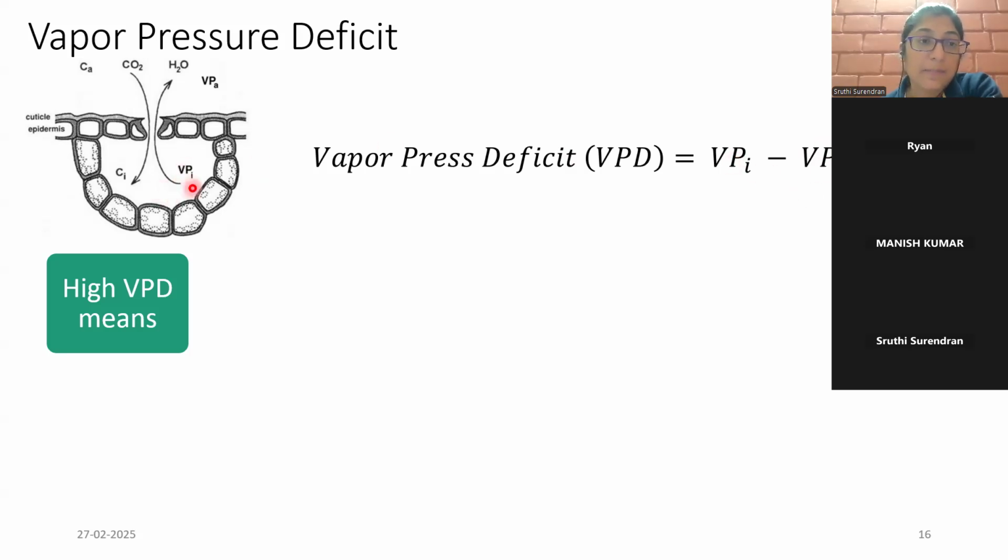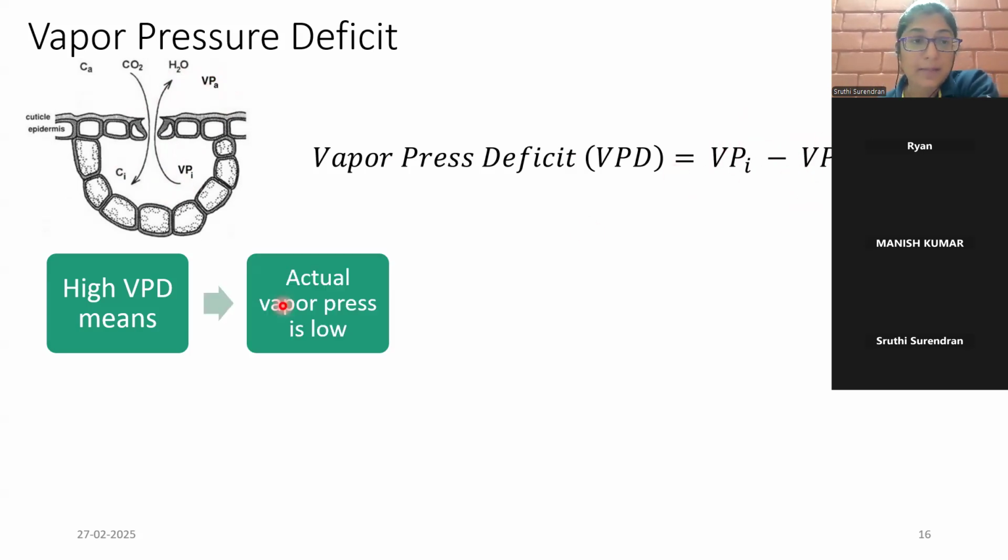So we looked at how the variation matters for transpiration to occur. I said the VPI is always going to be high, since it is at the saturated level. If this portion inside the leaf is saturated with water, then the only influencing factor is the vapor pressure in the atmosphere, or outside the leaf. So when this value VPA reduces, this VPD will increase.